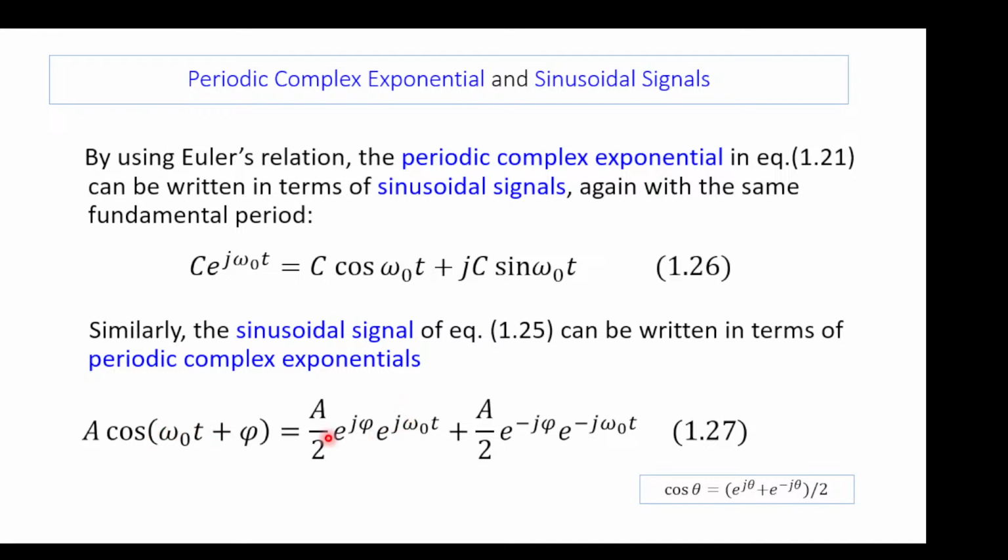So this theta is omega t plus phi, and you can do some arithmetic to single out the e to the j omega t part and the e to the minus j omega t part, and combine the e to the j phi part with A and the e to the minus j phi part with A. But anyway, you see this is some coefficient times e to the j omega naught t, and another coefficient times e to the minus j omega naught t. So you can change back and forth between sine and cosine and e to the j omega, e to the minus j omega.